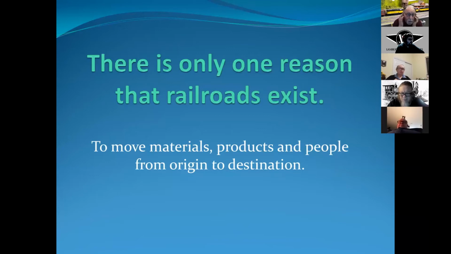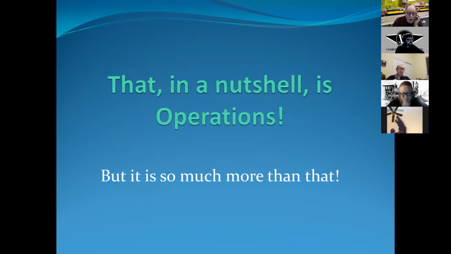There's only one reason railroads exist, and that is to move materials, products, and people from origin to destination. That in a nutshell is operations, but it's also a lot more than just that. We plan on covering all these different aspects of operations through the months.